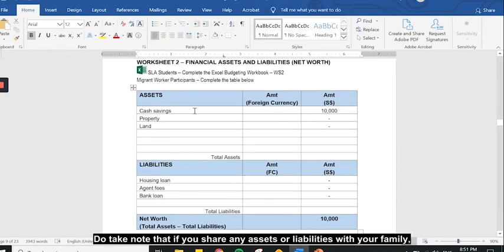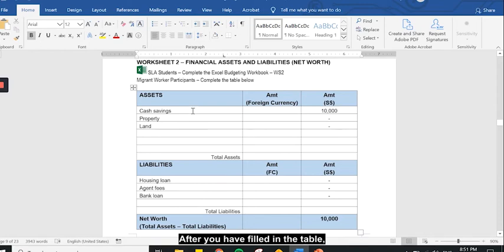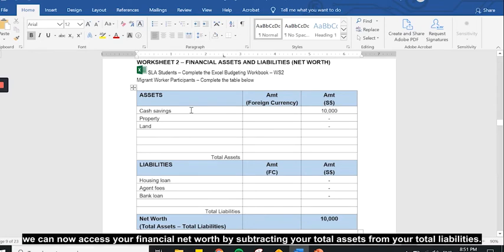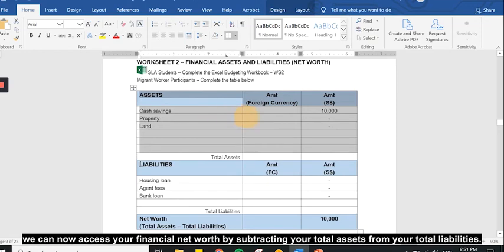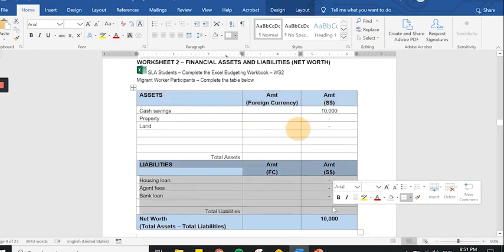Do take note that if you share any assets or liabilities with your family, only include an estimated portion of it in the table. After you have filled in the table, we can now assess your financial net worth by subtracting your total assets from your total liabilities.